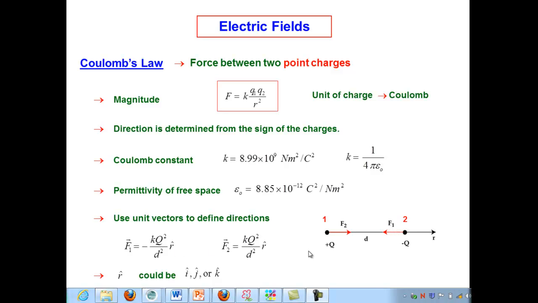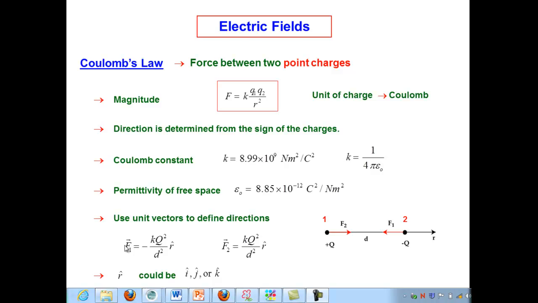Right away we know that charge 2 is going to be attracted, so it will feel a force to the left. So that's K times the product of the magnitudes of the charges, which is Q times Q, so KQ squared over the distance d squared, and if the r direction in our coordinate system is to the right, then the r hat unit vector goes to the right. But we know the force produced on charge 2 by charge 1 is to the left.